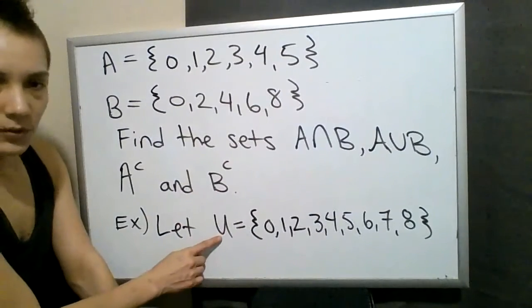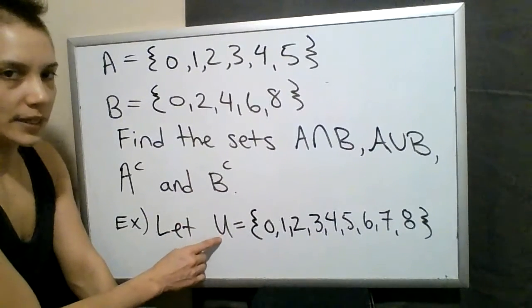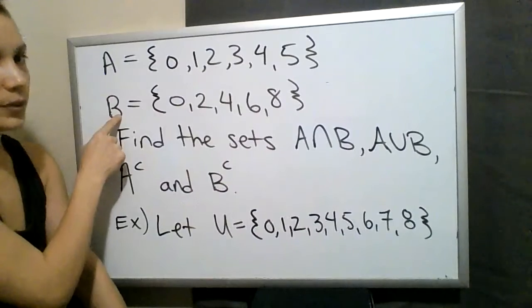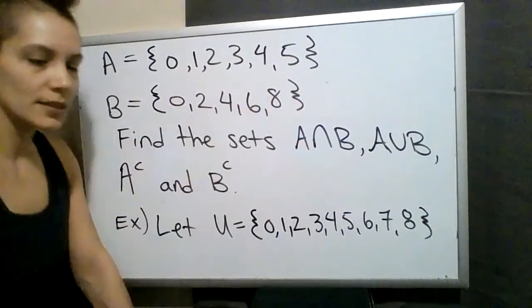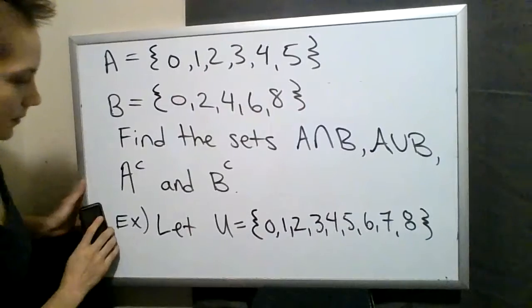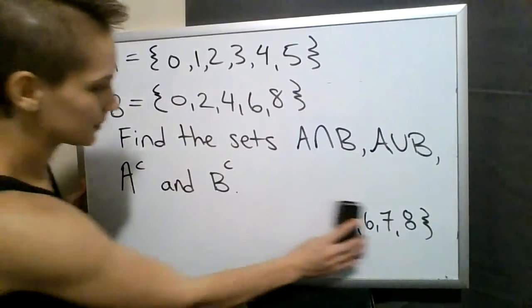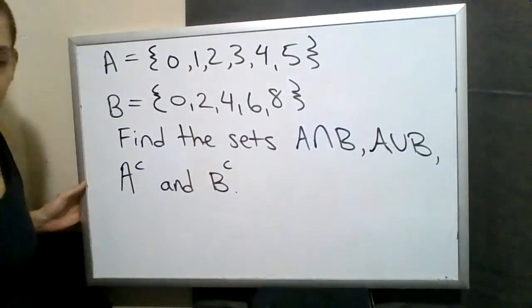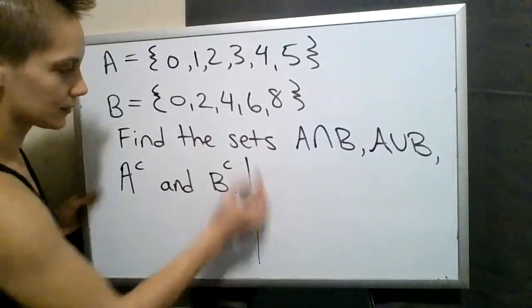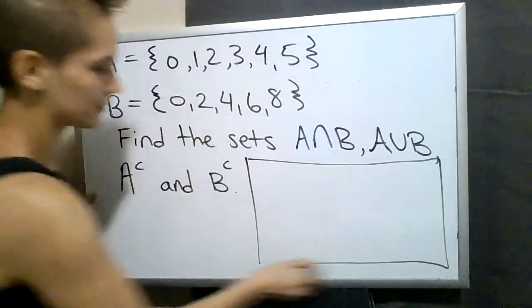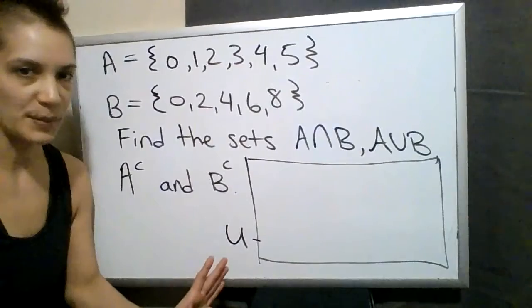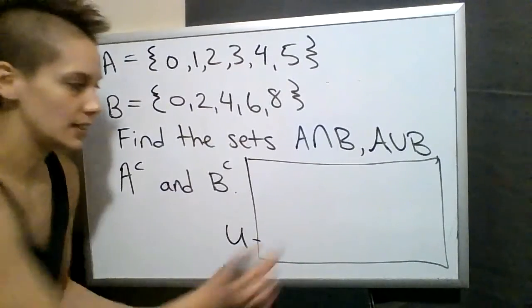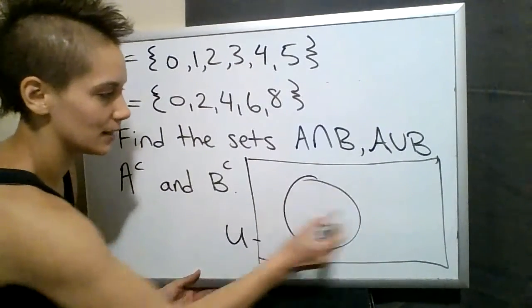Okay, so the whole universe will be a square, and we have subsets that will overlap just in case they share common elements, which I see that they do. This is U, my full space. Subsets are inside of the space.